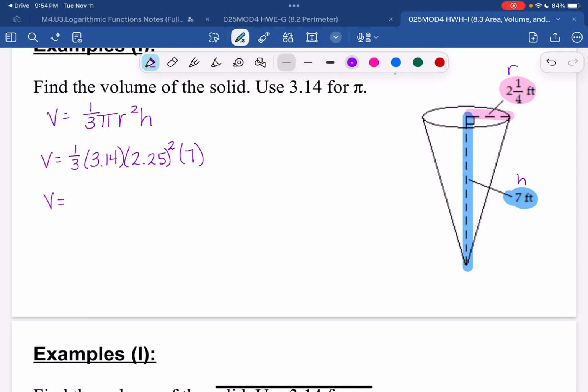So 1/3 times 3.14 times 2.25 squared times 7. And you get 37.09125. And then depending on how you're asked to round, maybe to the nearest hundredth, units again would be cubed.